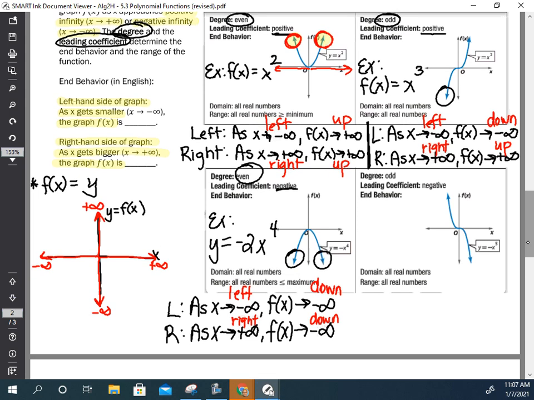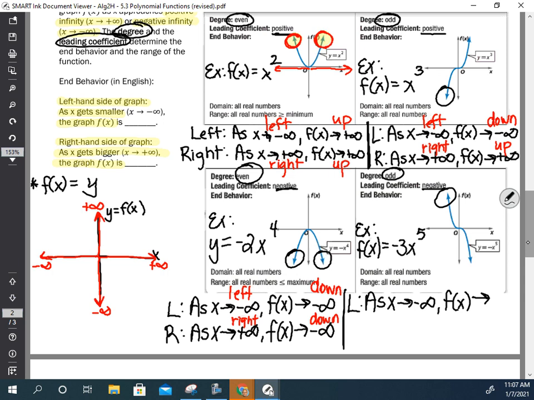Now let's do the last one. Degree is odd, the leading coefficient is negative. So f of x equals negative 3x to the fifth. That's an example of what it could be. What's happening on the left-hand side? It's going up. So as x goes to negative infinity, the function goes to positive infinity.